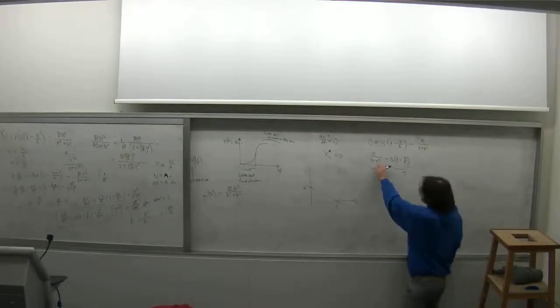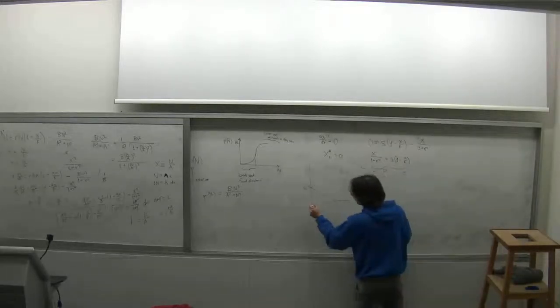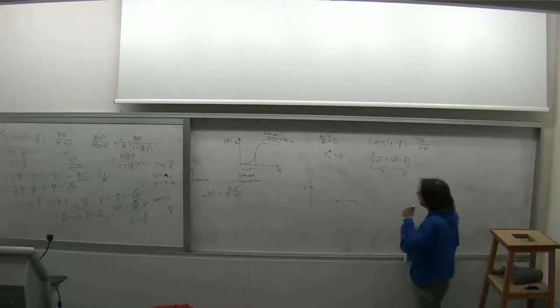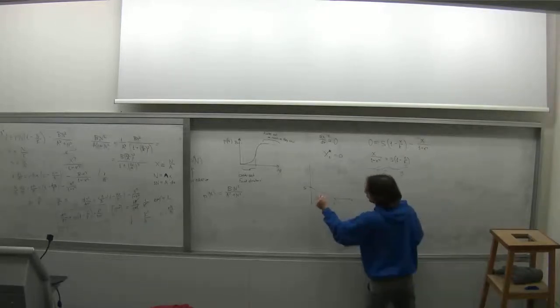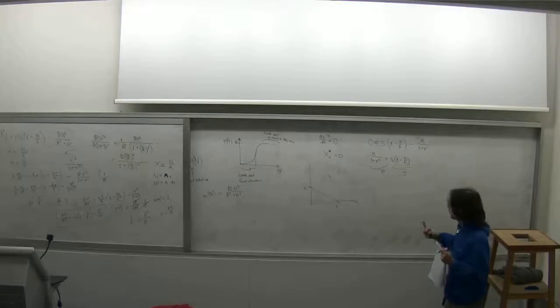When x is very small, you can neglect it. So this function near 0 goes similar to y equals x. And when x is very big, then you can neglect the 1, and you're left with 1 over x, which looks something like this. And you have a connection between them. So this is the way this function looks.